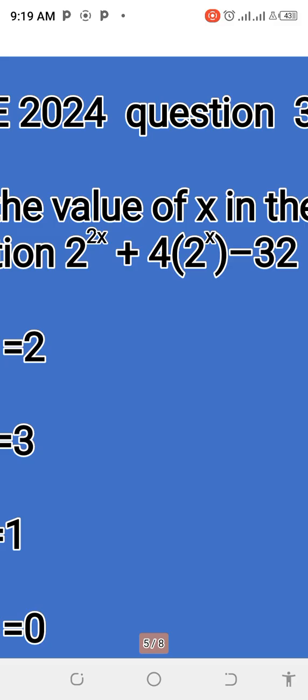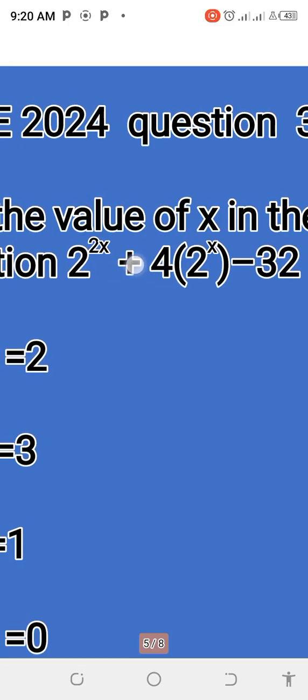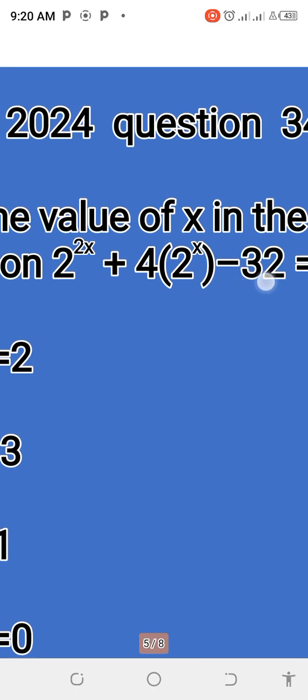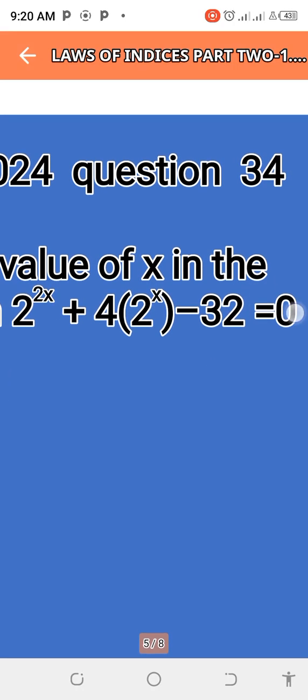We can replace with any variable, say a, x, y, or z, but we are going to replace this 2 to the x with y. So anywhere we see 2 to the x, we put y, so that it becomes (y squared plus 4)(y minus 32) is equal to 0. That is our starting point. Now let's go.